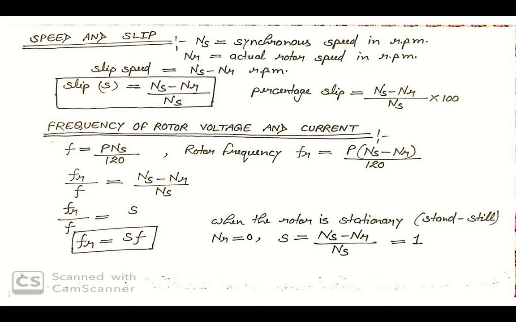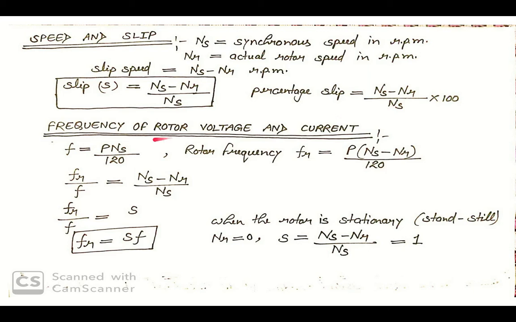So this is your per unit slip, where ns is the synchronous speed and nr is the actual rotor speed. If we are talking about percentage slip, then percentage slip is (ns minus nr) upon ns into 100. This represents your slip in percentage.